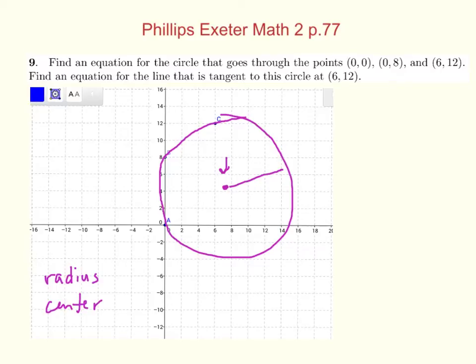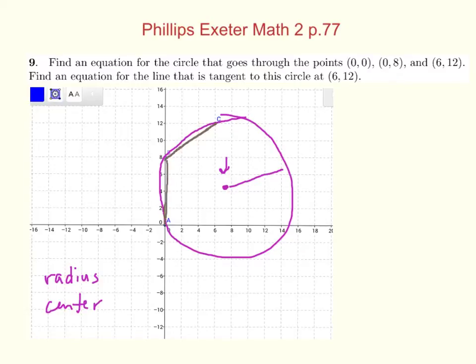So the first way is, let's think about what would happen if I drew chords between those points. A chord between those points, like so, and like so.